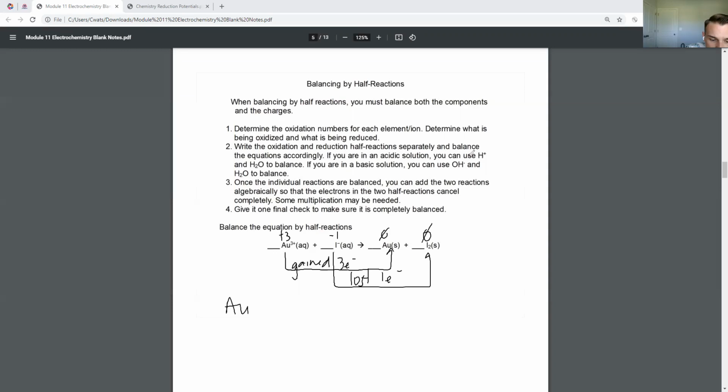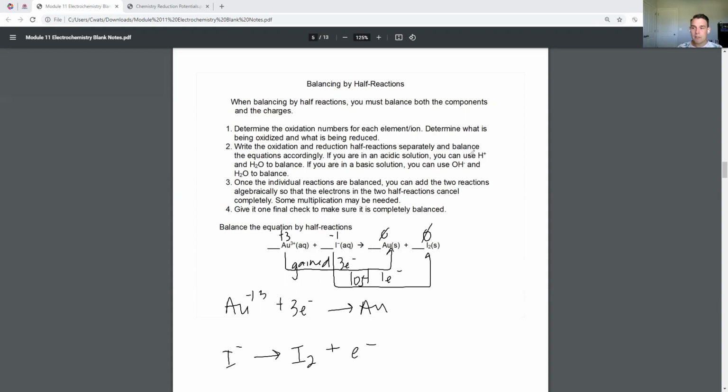So now what I want to do is write these separate half reactions. I want to take the Au+3. We said it gained 3 electrons to turn into solid gold. Perfect. And then the I- lost an electron to become iodine. Once I do that, I then want to balance them separately.